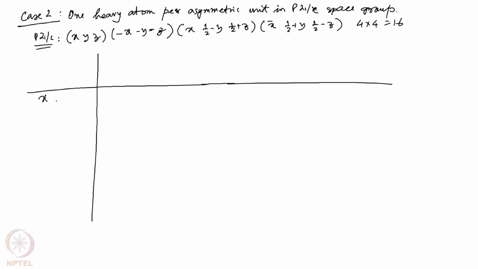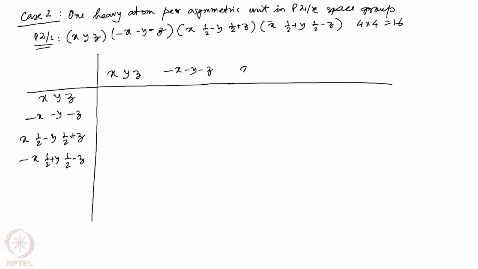So we write here the coordinates x, y, z; minus x, minus y, minus z; x, half minus y, half plus z; and minus x, half plus y, half minus z, and again we write the coordinates here as well, x, y, z; minus x, minus y, minus z; x, half minus y, half plus z; and minus x, half plus y, half minus z.